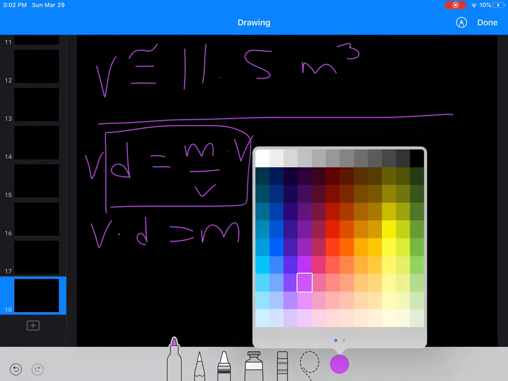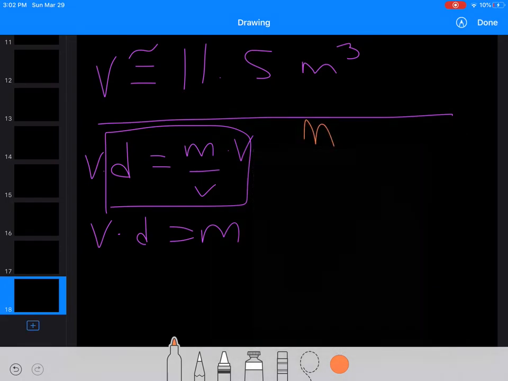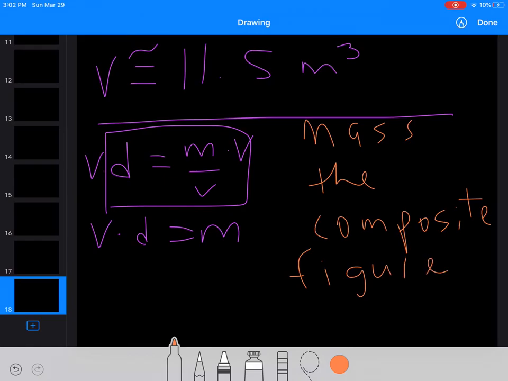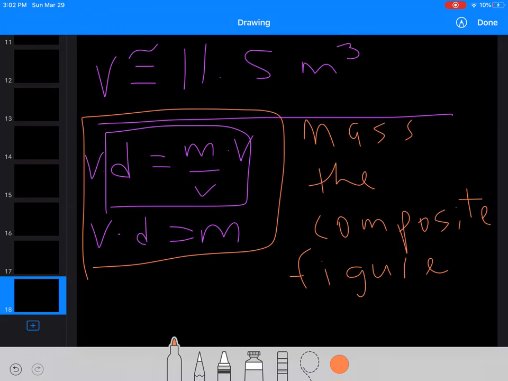So if we want to know the mass of the composite figure, you can put both those formulas we just derived in your theorem book. We're going to do the volume, which we just found, 11.5, and we have to know what the density is.